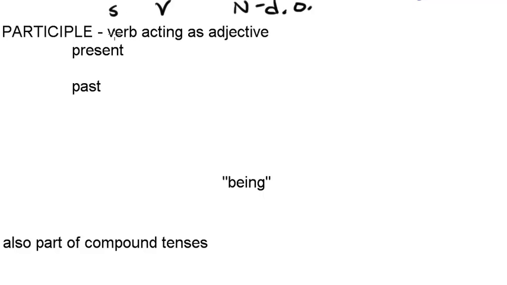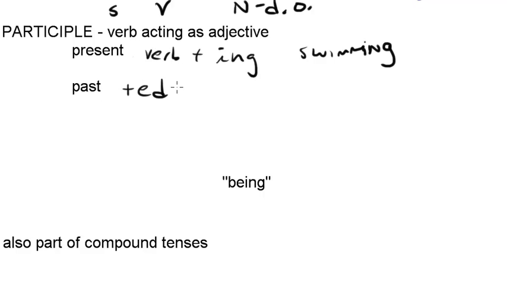So participles are verbs acting as an adjective, not as a noun, but as an adjective. And there are two forms of the participles. In the tense video, I've already introduced participles a little bit. We have the present participle, which is the verb plus ing. So, for instance, swimming. And we have the past participle, which is the verb generally plus ed.